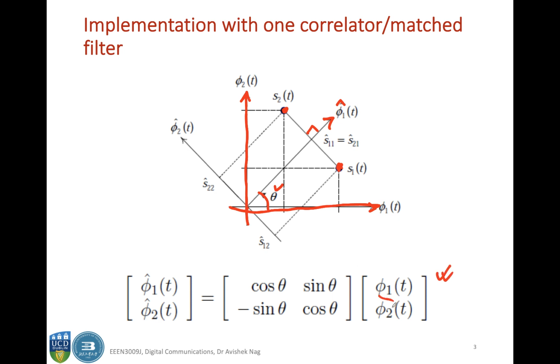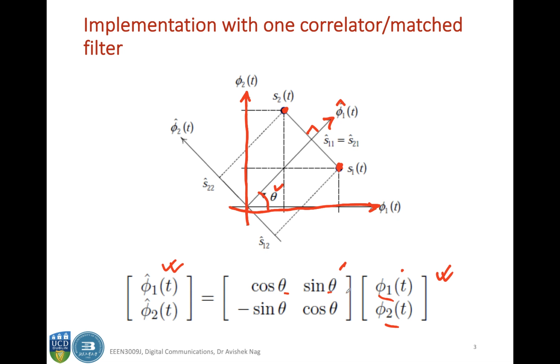So you have the original axis, and rotating it through an angle theta will give you a set of transformed axes which are related to the original axis through this transfer matrix, which is in terms of theta.